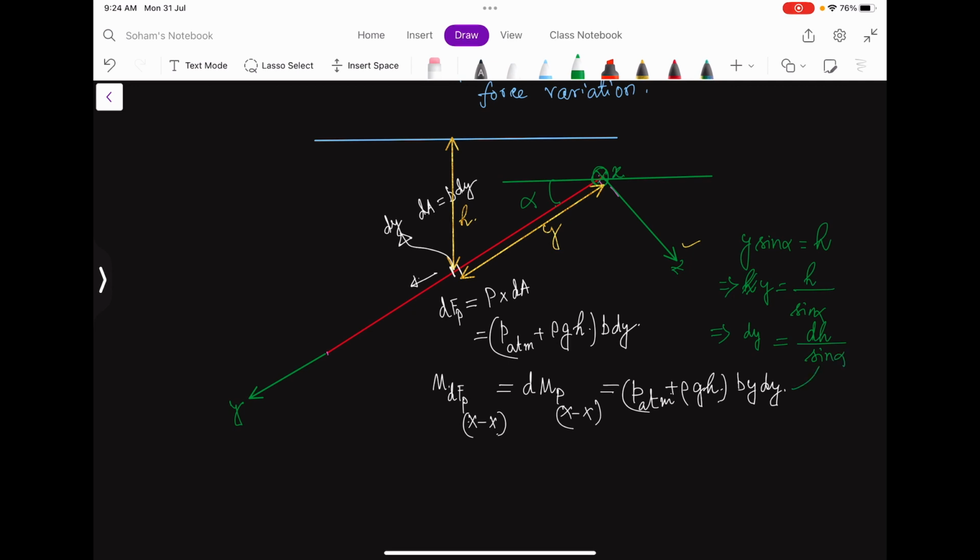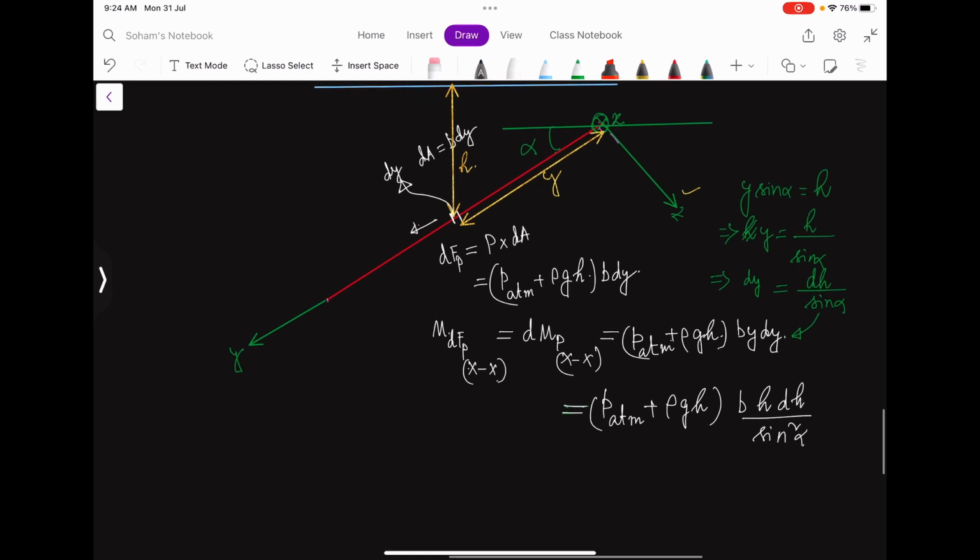If I replace this formula into this one, then I can write it as PATM plus rho g h, b into h dh by sine square alpha. One sine alpha due to y, another sine alpha due to dy, right?